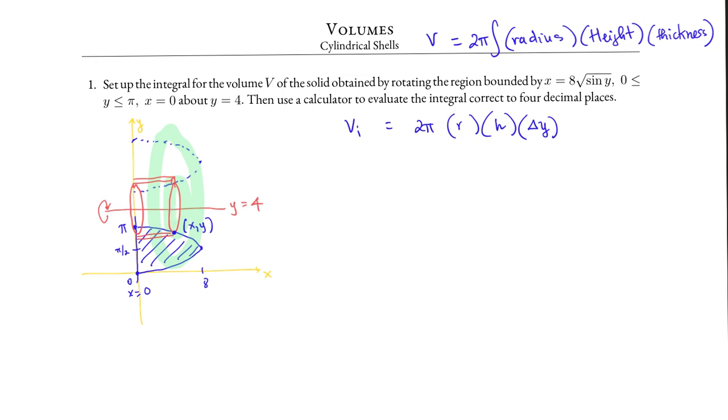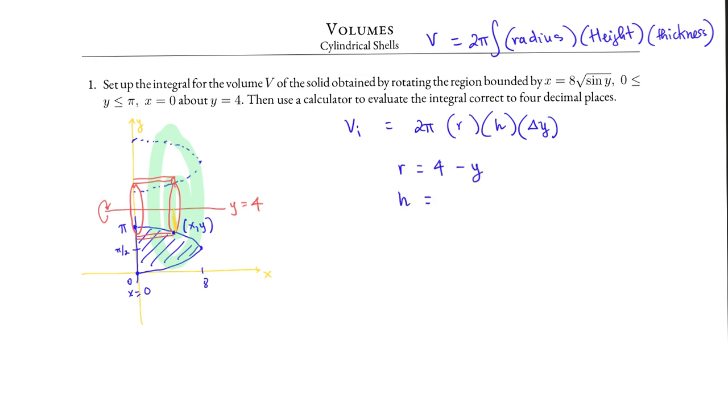The radius is this vertical distance, and to find the vertical distance, we take the upper minus the lower. Thus, the radius is y equals 4, upper, minus y, lower.